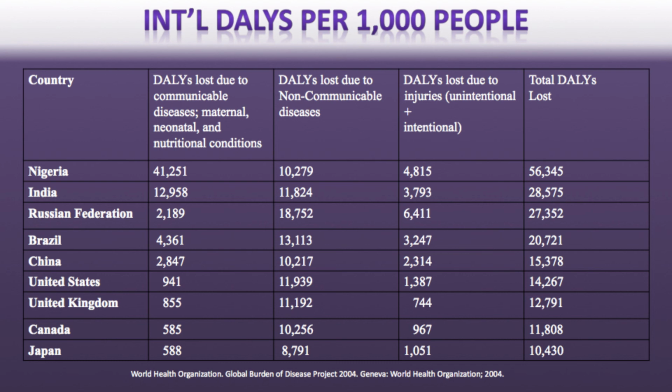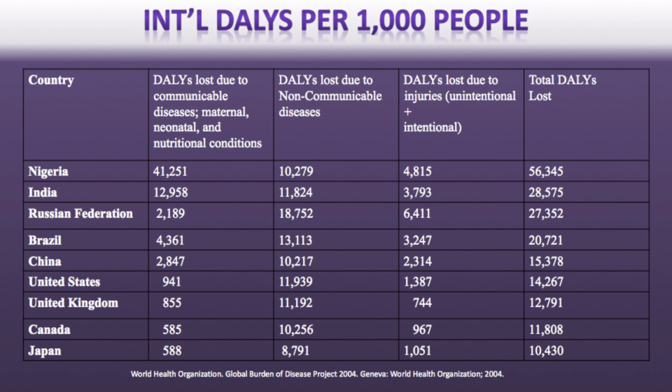I'll just give you an example of the epidemiological transition. When we're looking at disability adjusted life years, again, life years that have been adjusted based upon the impact of a disease on the health that people are experiencing, if you look at the number lost per 1,000 people, we see that there's a whole lot of them in Nigeria, for example. The majority are lost to communicable diseases, maternal and neonatal conditions, and nutritional conditions.